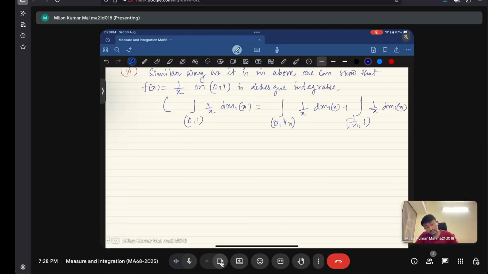Note that this fact is Riemann integrable.